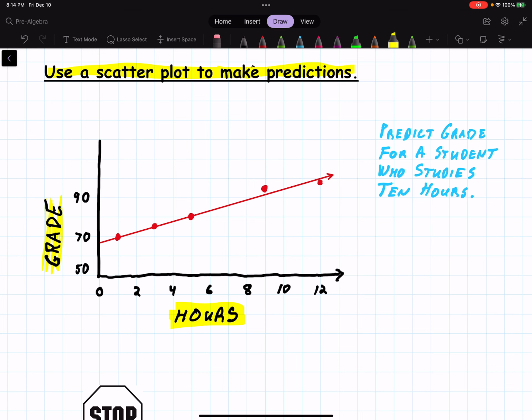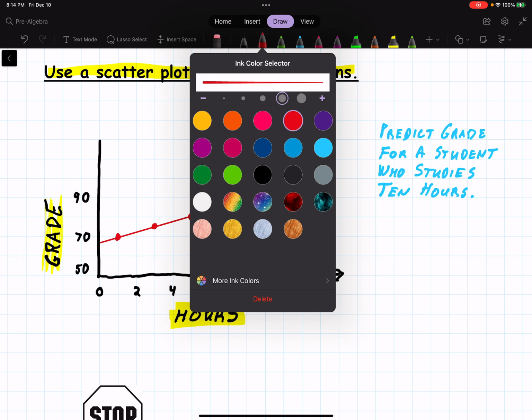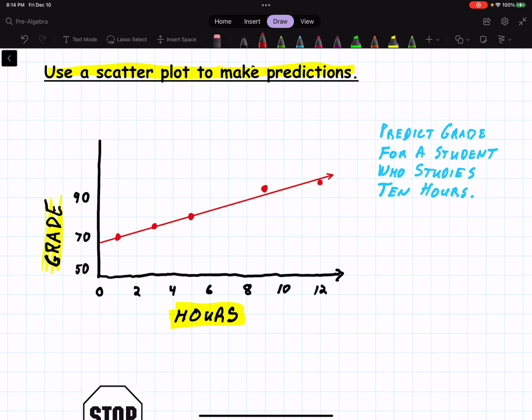You can see here that if you study 1 hour, your grade was about a 68. If it's 3 hours, then it looks like your grade is about 75.